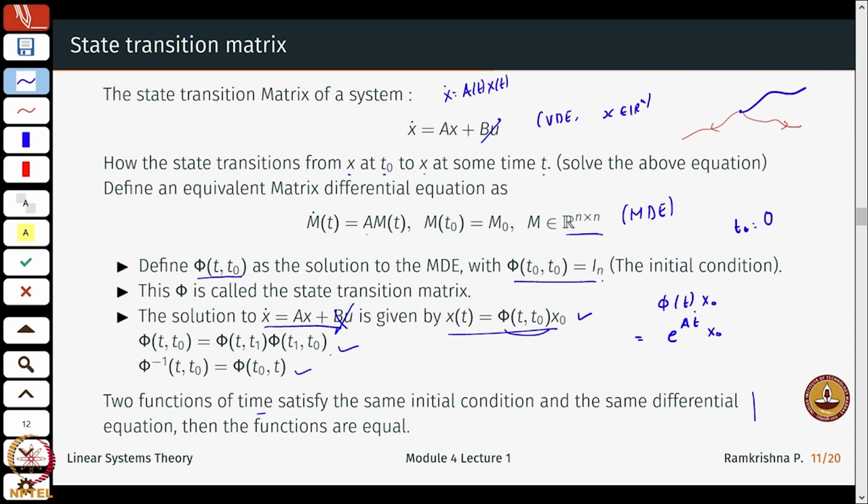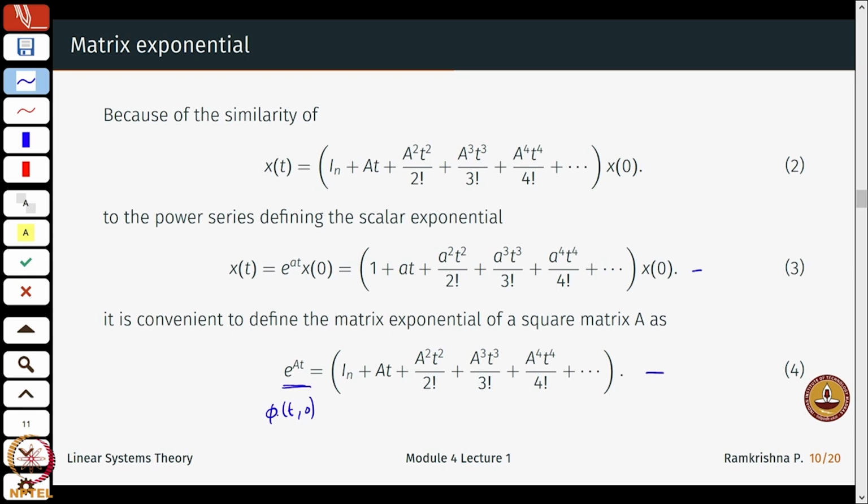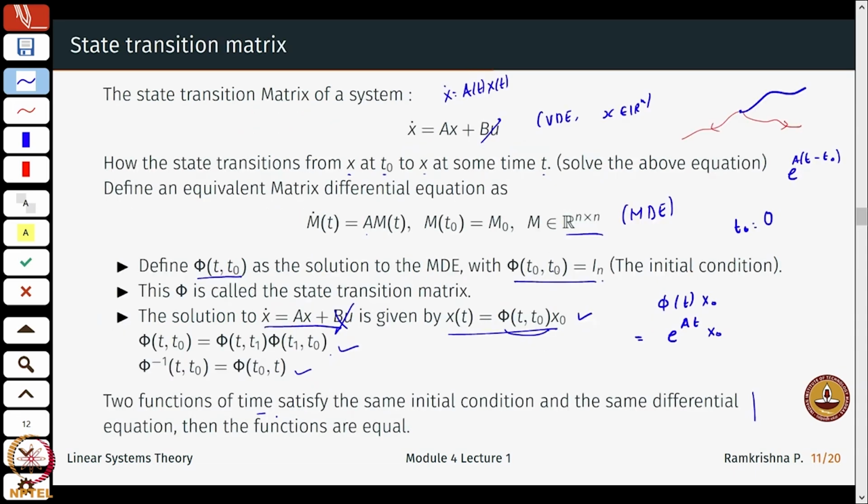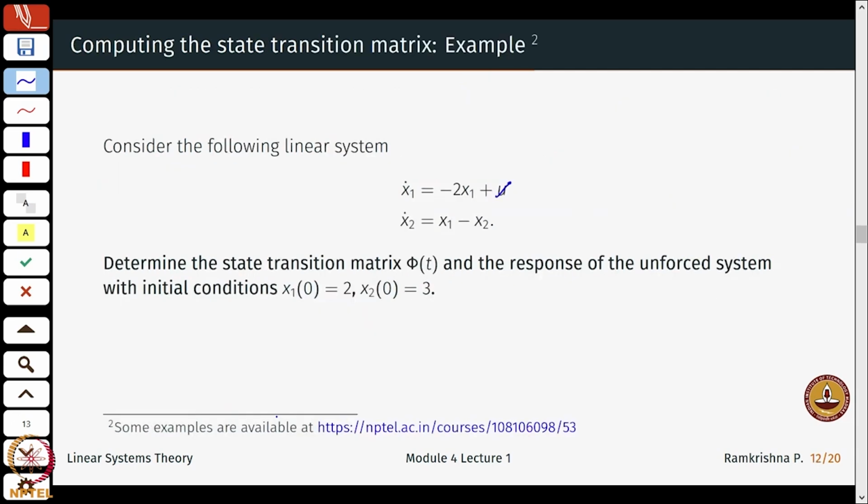For any arbitrary t, t naught, you will have e power A (t minus t naught), which satisfies that at t equal to 0 the initial condition is the identity. So, this is easy to guess: e power A t is essentially the state transition matrix for a linear time invariant system of the form x dot equal to A x plus B u. Okay, so let us see how to compute this.